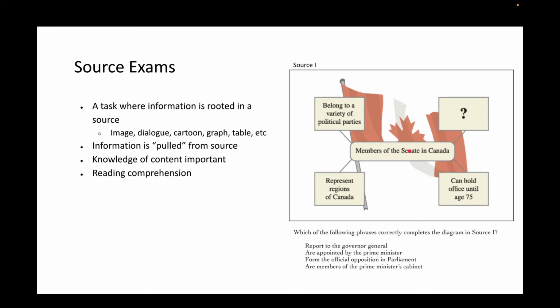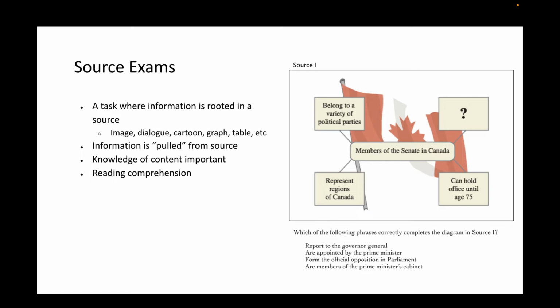So here is where content knowledge is very important. If you know your content, you know that the question mark here is going to be B, are appointed by the Prime Minister. Now, you wouldn't know this unless you're paying attention in a Social Studies 9 class, for example. But that is a source-based exam.